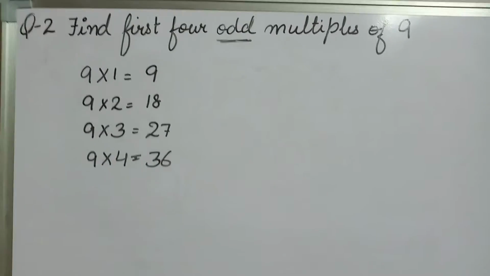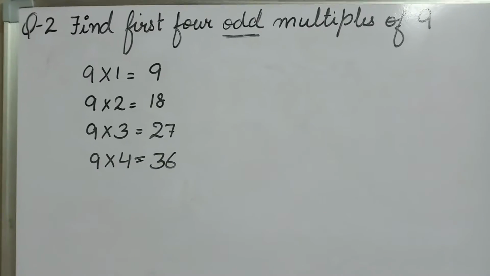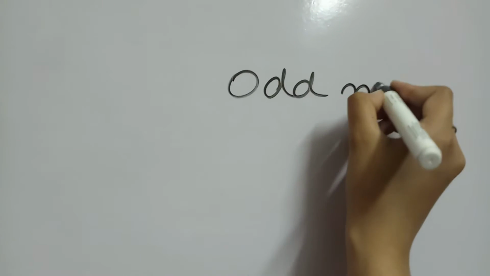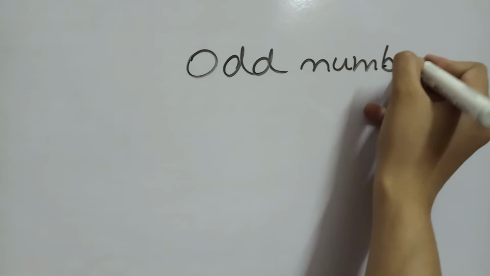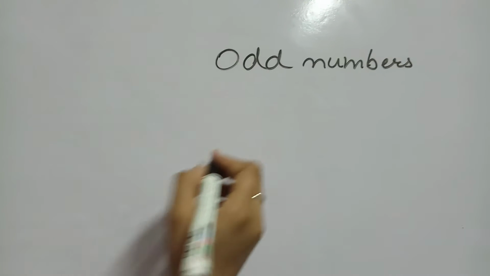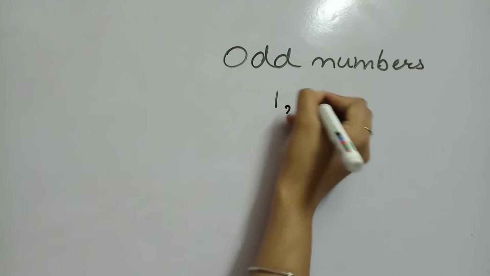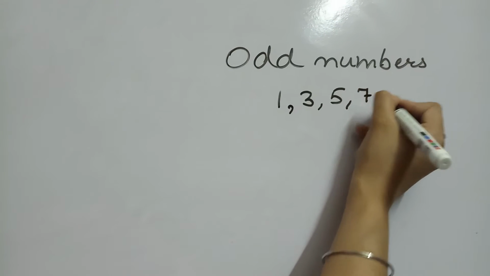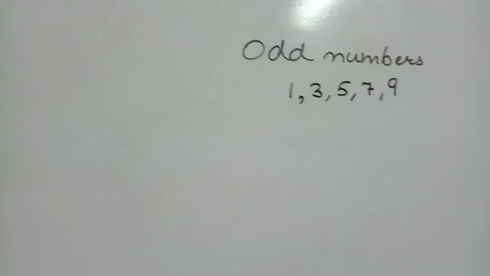Now first of all tell me, what are odd numbers? The numbers which have 1, 3, 5, 7, 9 at one's place.